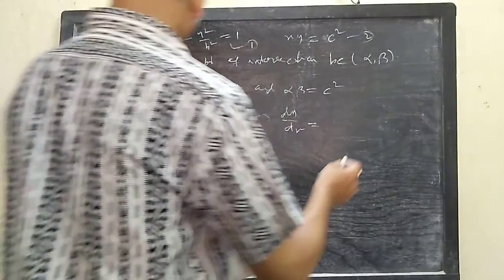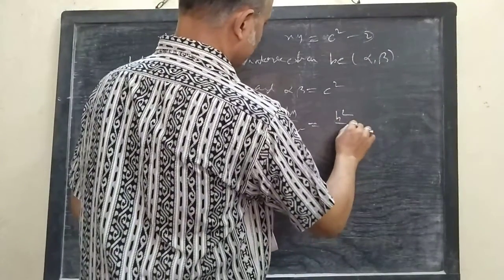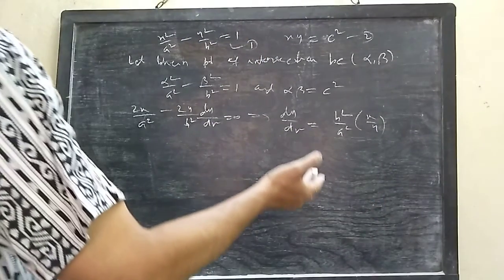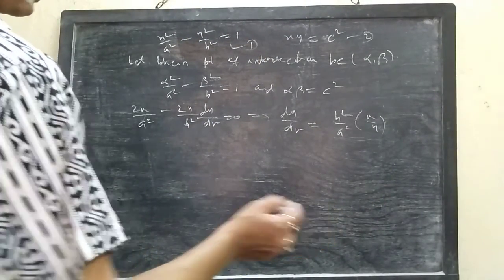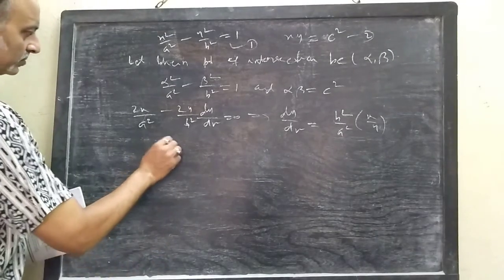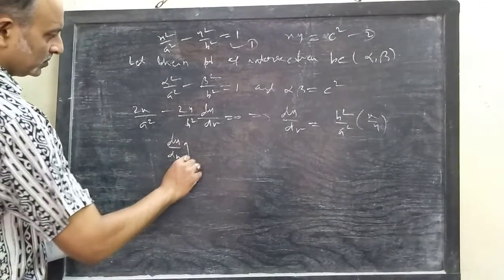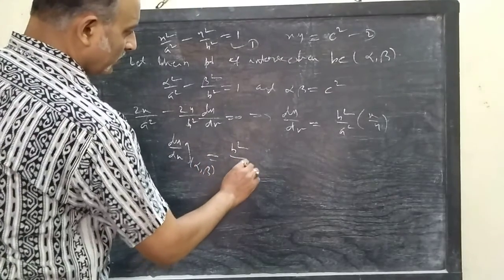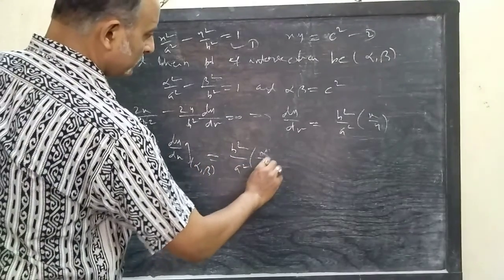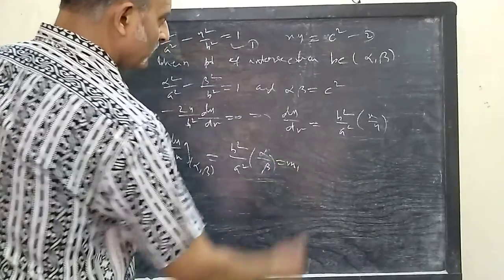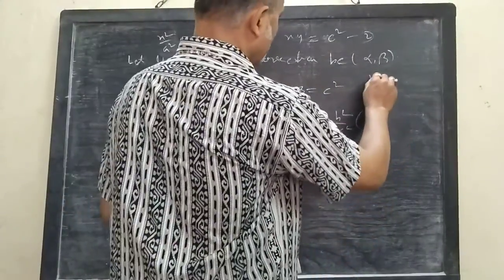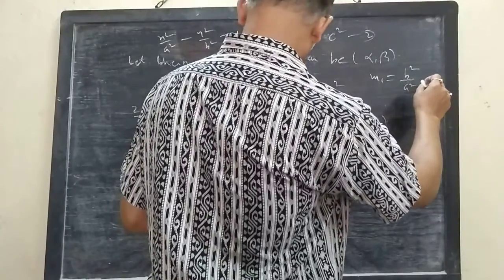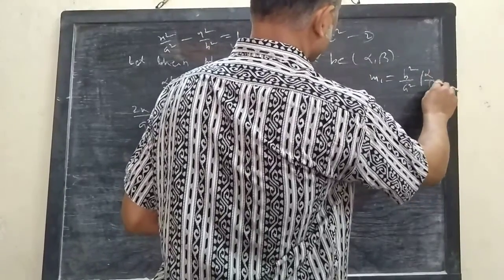We get dy dx equals b square by a square into x by y. So therefore, dy dx at the point alpha beta will be b square by a square into alpha by beta. If we consider it m1, then m1 equals b square by a square into alpha by beta.